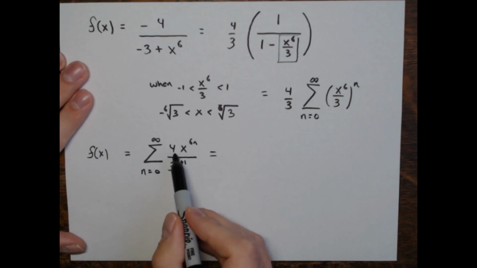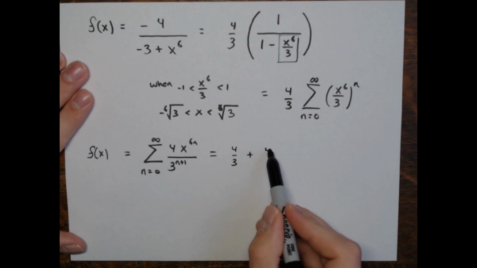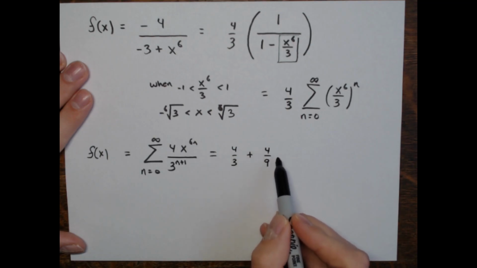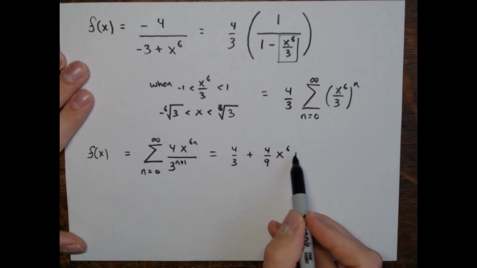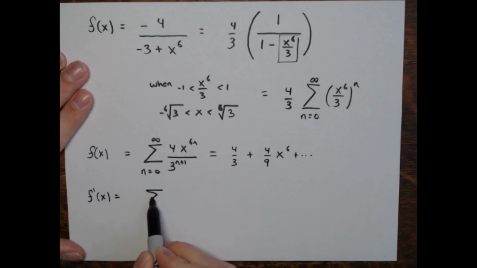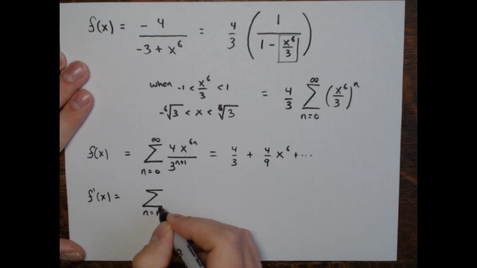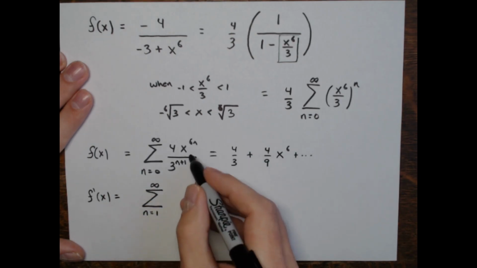When I differentiate, if I look at the first several terms, when n equals 0 you have 4/3, plus 4/9 when n equals 1 times x to the 6th, and so on. So when I differentiate, here's what the series will look like. When you differentiate, it starts at 1 now, n equals 1 to infinity.